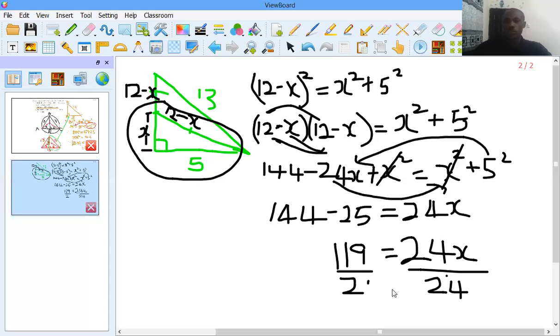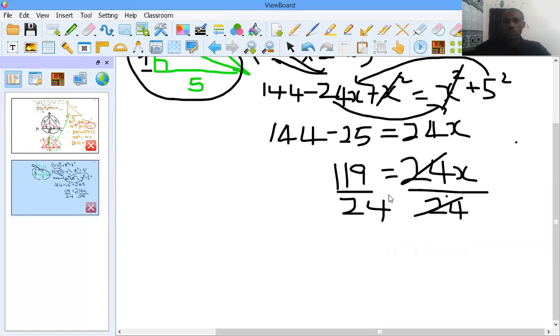So 119 divided by 24 is 4.9, which equals x.